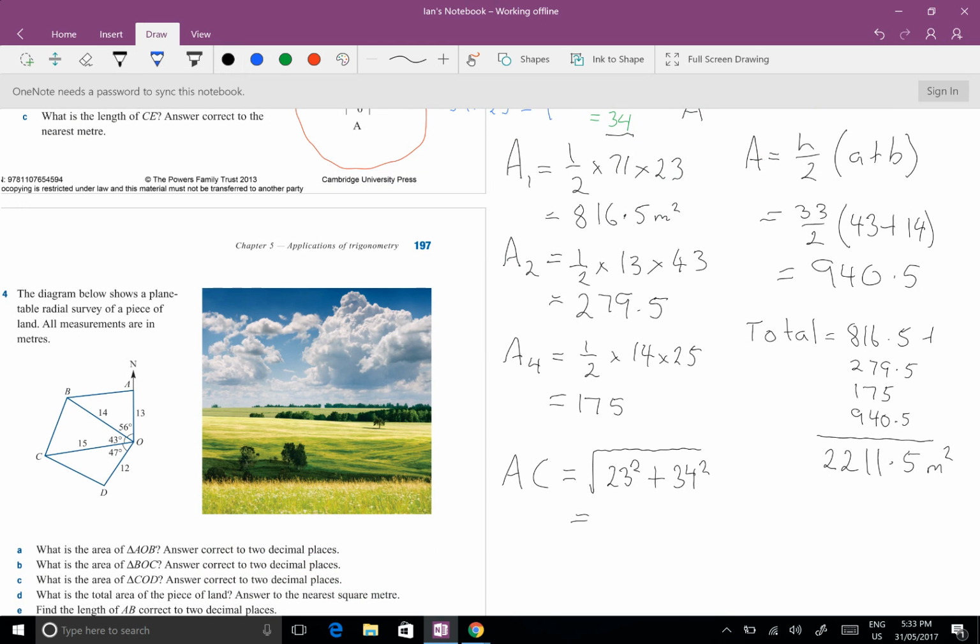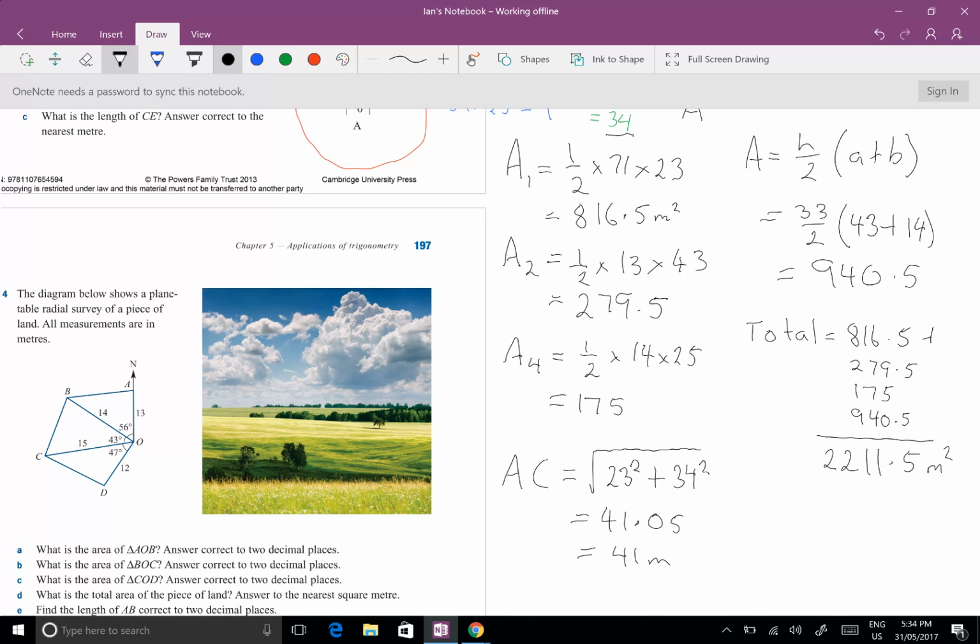Anyway, so I do that, square root of 23 squared plus 34 squared. And I get 41.05. But they say to the nearest metre, so 41 metres.